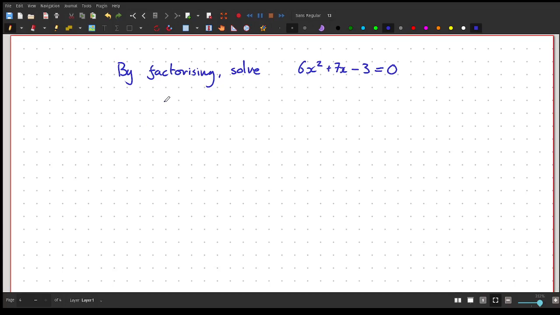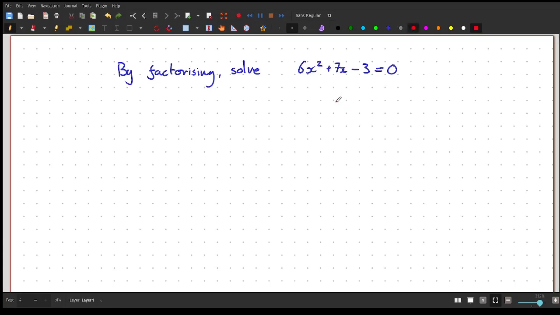By factorising, solve 6x squared plus 7x minus 3 equals 0. Okay, so it's a non-monic, and you might want to pause this now and have a go yourself, see if you can factorise it.